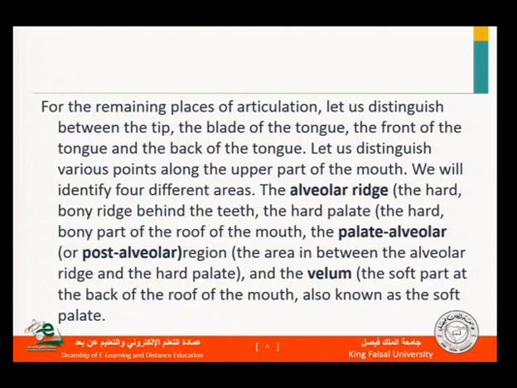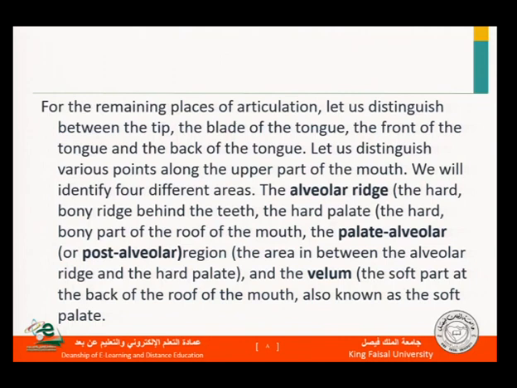The first place of articulation that I can use is bilabial, my lips. They are called bilabial sounds simply because the sounds are pronounced through my two lips. And as such, I call them bilabial sounds.